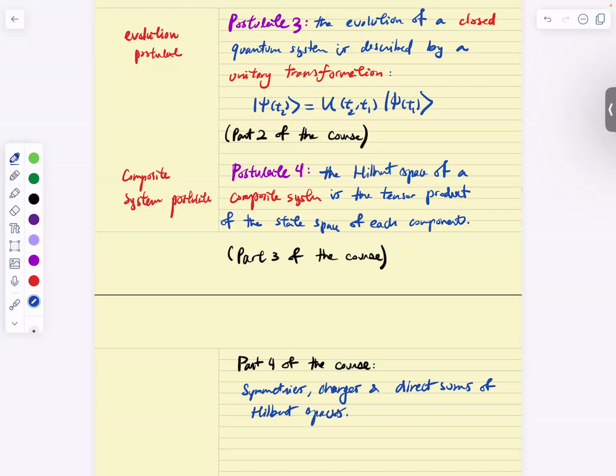Yeah, so i ħ d/dt of psi. So I told you what psi at time t is. Take a derivative from the left-hand side. The right-hand side, you have to take a derivative. Hamiltonian is the derivative of the right-hand side. The definition.